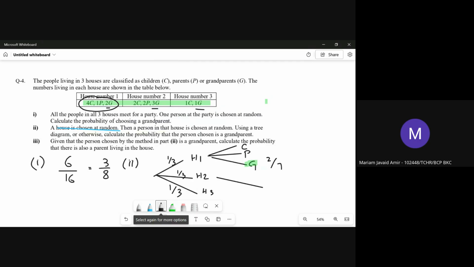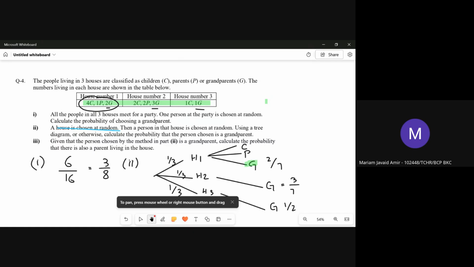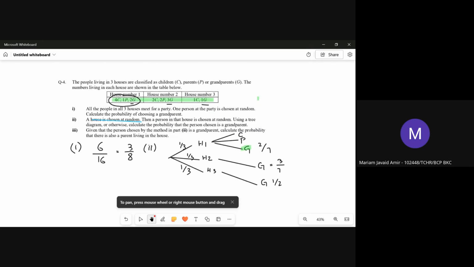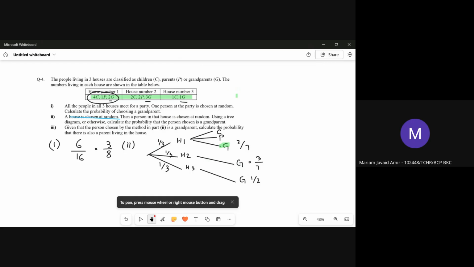In house 2, the probability of selecting a grandparent would be 3 upon 7 people, so 3 upon 7. And in house 3, the probability of selecting a grandparent would be 1 over 2. Since we only need to look for grandparents, you don't need to write the probability for a child or a parent being selected.